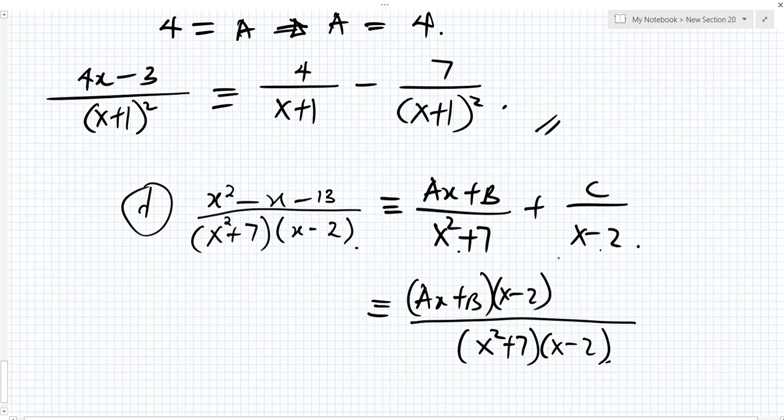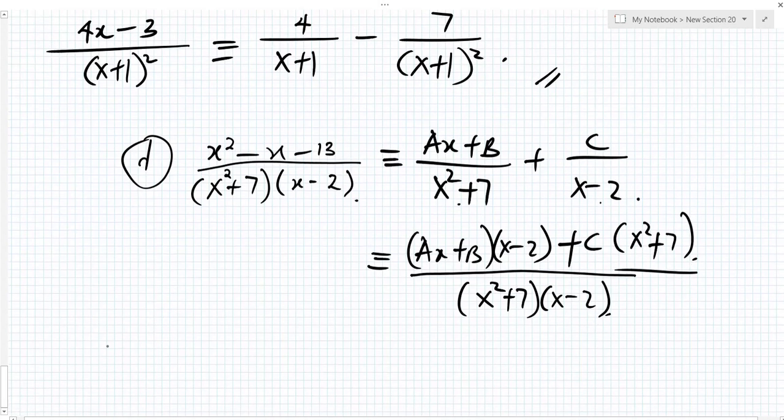Now if I use this x minus 2 to divide this lowest common denominator, I'll be left with x squared plus 7. So I'll have plus c times x squared plus 7. So this is it.